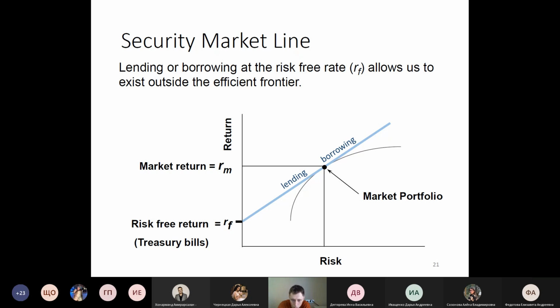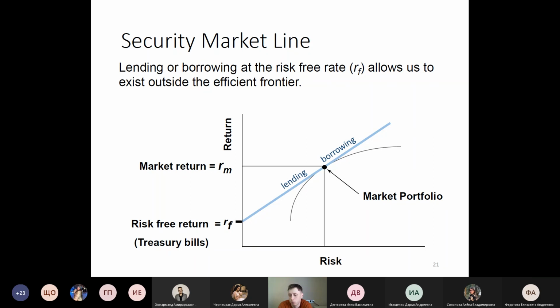Then we draw a straight line from the risk-free return, so the point of some return with a 0 level of risk. We draw the straight line from there, and there is a single tangent point for this line. This tangent point we call the market portfolio.